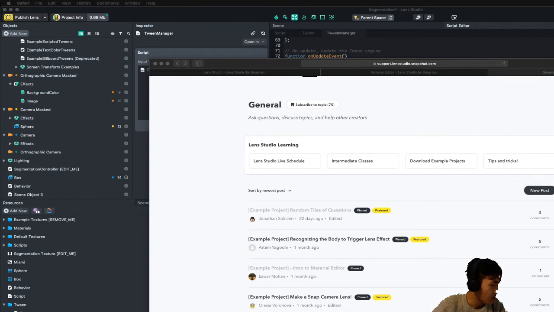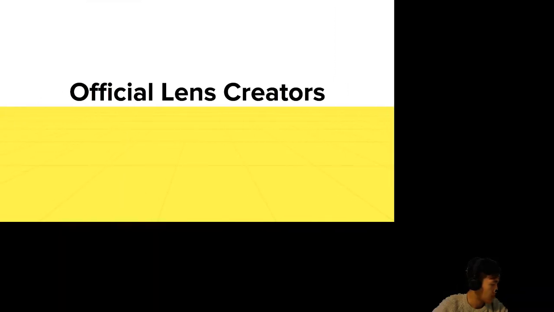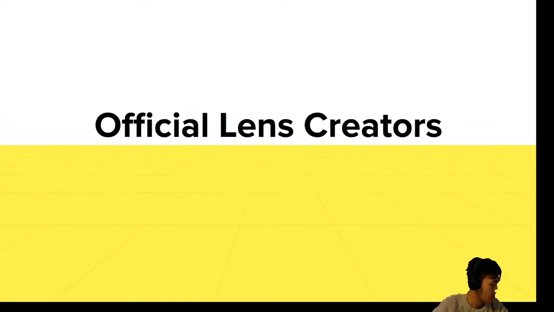I was happy to see some people ask how they can find the usernames of some of the Indian OLCs just to see their lenses. In the deck that Jonathan's finding, we are going to be showing the creators in India, but I didn't include their snap codes. That said, you should be able to find them by searching their display name within Snapchat, within the Finder.